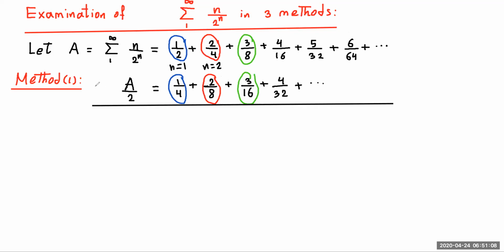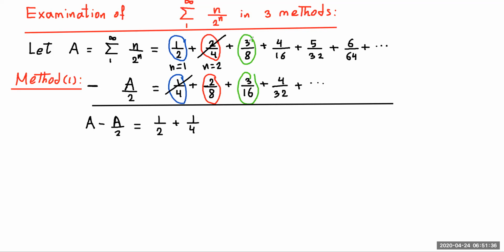After subtraction, A minus A over 2 equal. So 2 over 4 minus 1 over 4, it's 1 over 4. And I have 1 over 2 in the beginning. Let's write this 1 over 2 here in the beginning, plus 2 over 4 minus 1 over 4, it's 1 over 4.